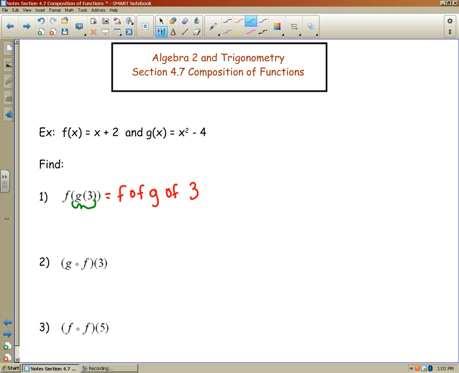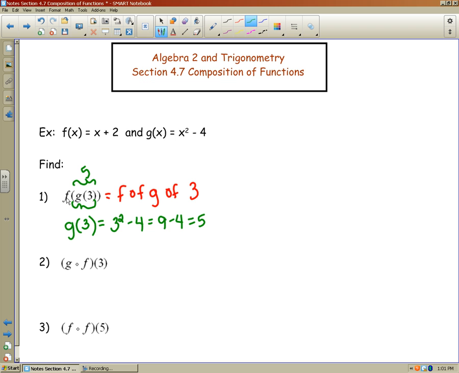We're going to find that first. So what is G of 3? To find G of 3, we plug 3 into the function G. So 3 for x: 3 squared minus 4. 9 minus 4 is 5. So G of 3 equals 5.